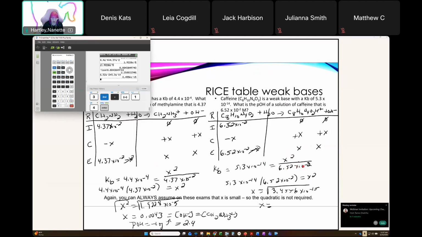I can multiply both sides by 6.52 times 10 to the minus 2 to give me this expression right here, and that's equal to X squared. X is then equal to the square root of 3.4556 times 10 to the minus 15th, which is what I got when I multiplied these two numbers together. And therefore my X is equal to 5.9 times 10 to the minus 8.